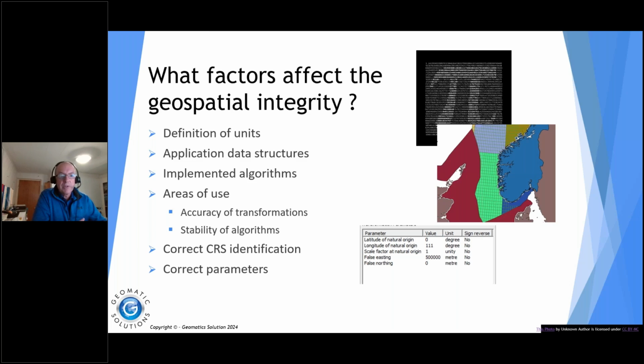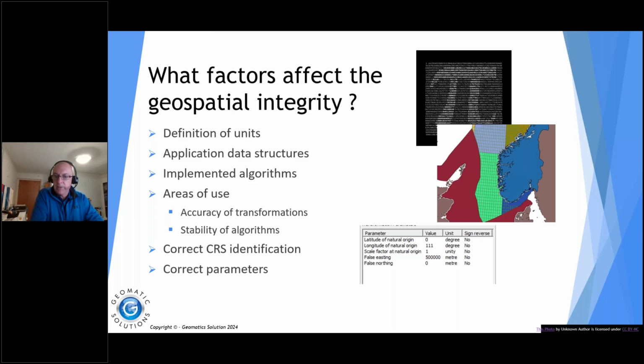We're also going to see what's called areas of use, because our transformations generally are from the local CRS to the global CRS, and they are generally defined over smaller areas. So they are approximations. Are we using them in the right area, for instance? Are we staying within our area? What is the stability of the algorithm when we are inside and outside the area?